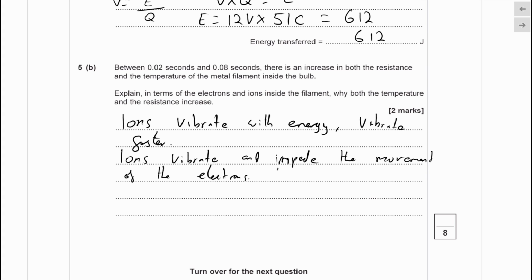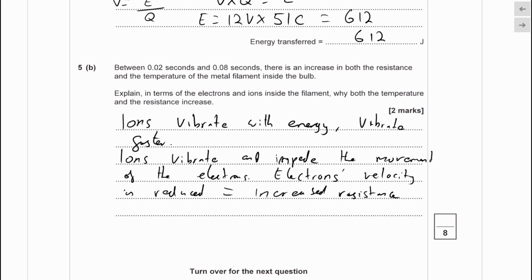The electrons' velocity or speed is reduced, which equals increased resistance. Because resisting the flow of electrons is what resistance is. Current is the flow of electrons, and going against that is resistance. That's what we call it.